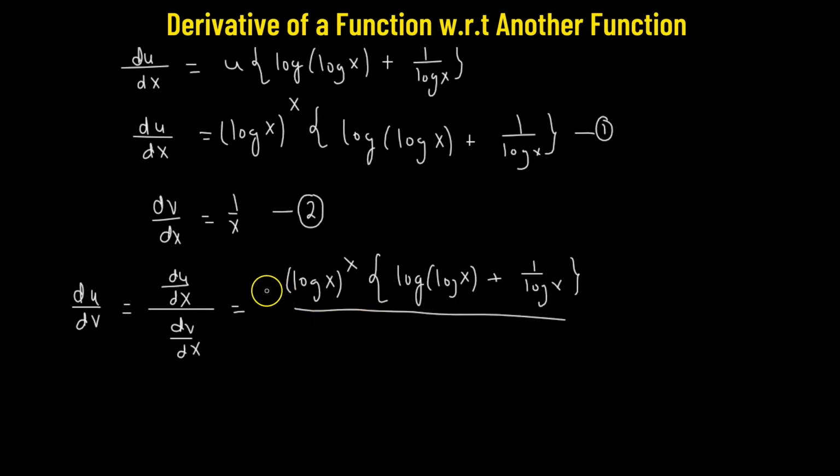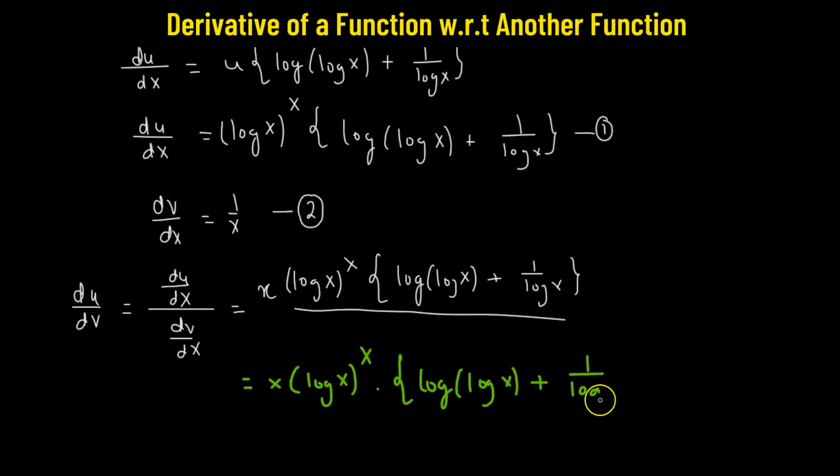That goes to the numerator to give us x. So our final result will be x times (log x)^x multiplied by log log x plus 1 over log x. So this is the derivative of u with respect to v.